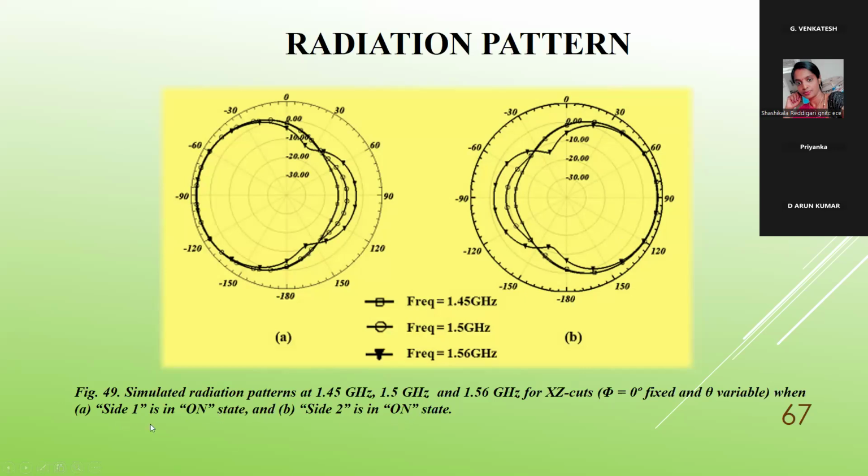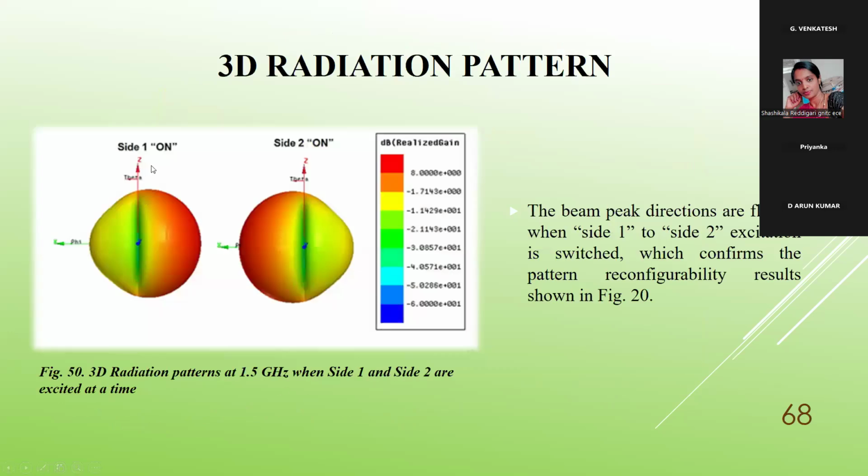That means D1 and D2 on give figure 49A, and D3 and D4 on give 49B. Here, side 1 on shows the 3D radiation pattern. So flipping is like this. The beam peak directions are flipped when the side 1 and side 2 excitation is switched, which confirms the pattern reconfigurability results.